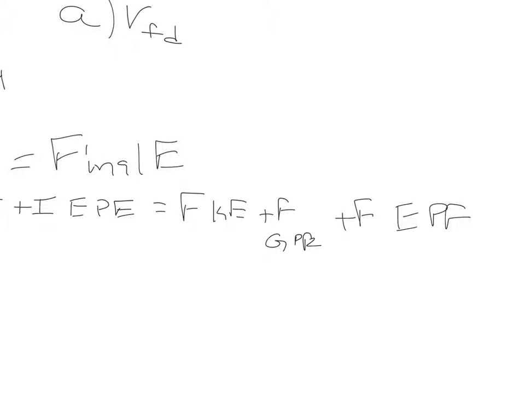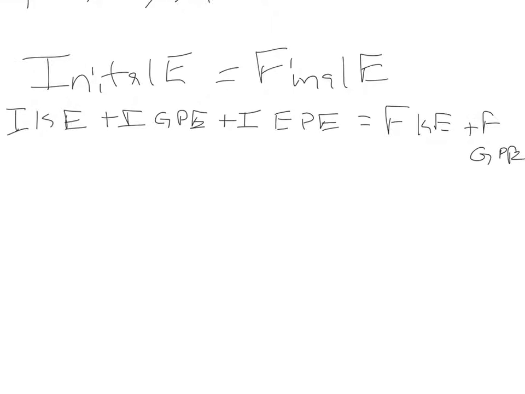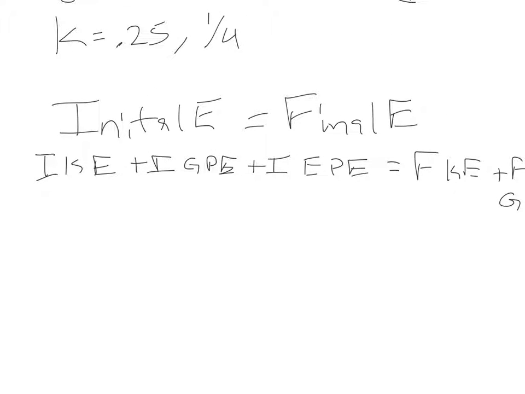For this very first problem, we won't have any elastic energy, so I'm not even going to write those down. Initially, the block is not moving, so my initial kinetic energy is 0. My initial gravitational potential energy, that equation is mass times gravity times height. At the very end, for just part A, we're going to set the height of the spring as 0.